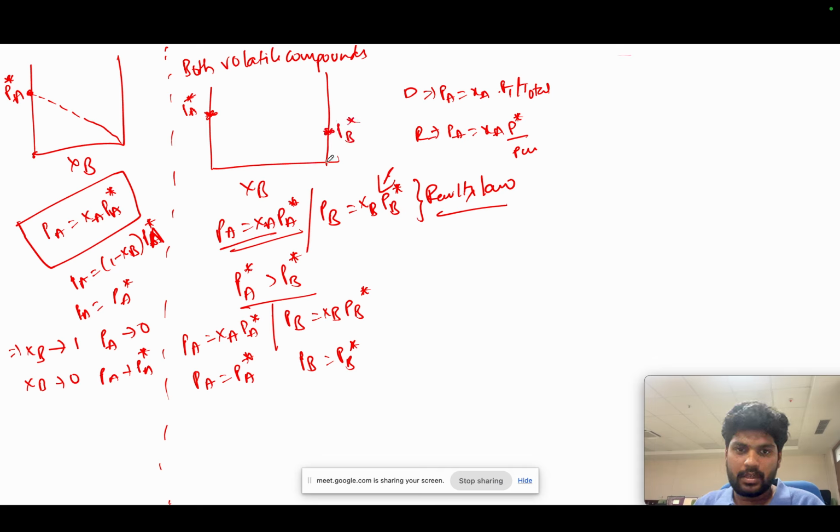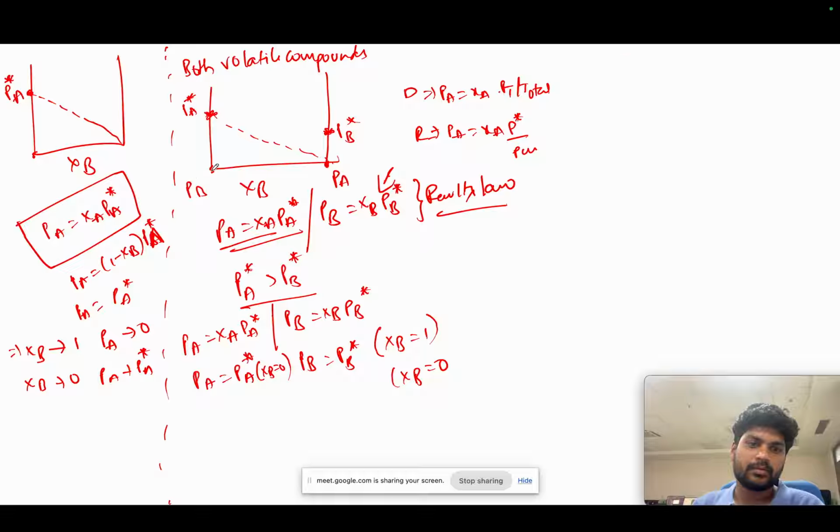So here the Pa will be here, and if this is at xb equal to 1, this is at xb equal to 0, and if I say suppose if it is xb equal to 0, the Pb will be here. So if I make both lines, Raoult's law says that if it is an ideal solution, then the total pressure will be equal to this one.